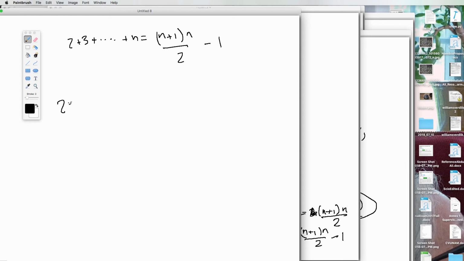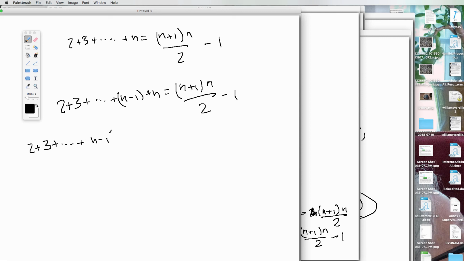And now I get 2 plus 3 plus up to n minus 1, plus n, is equal to n plus 1 times n over 2 minus 1. And now I'm going to subtract n from both sides. 2 plus 3 plus up to n minus 1 is just equal to n plus 1 times n over 2 minus 1 minus n.